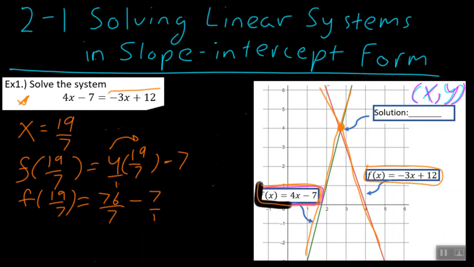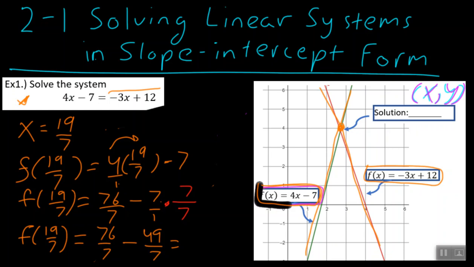So the question becomes, if we want to multiply this 1 on the bottom right here, 1 times what number would get us to 7? Well, 1 times 7. And if I multiply the bottom by 7, I'll multiply the top by 7. Okay, easy. And so now we have this final line, f of 19 over 7 is equal to 76 over 7 minus, and we know 7 times 7 is 49 over, on the bottom, 1 times 7, 7.